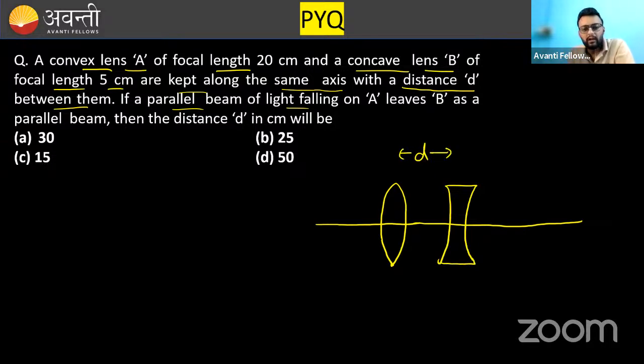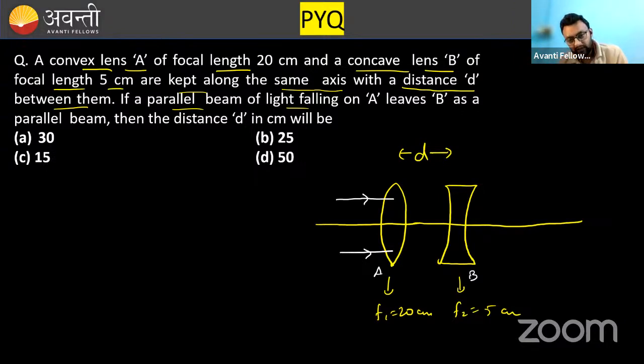Focal length of first is 20, and focal length of second is 5 centimeter. Now they are asking, if a parallel beam of light falls on A, this is A, this is B, let's suppose this is a parallel beam of light falling on A, and leaves B as a parallel beam. That means it comes here and leaves B also as a parallel beam. Then what is the distance D in centimeter?